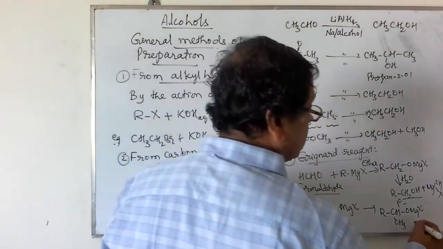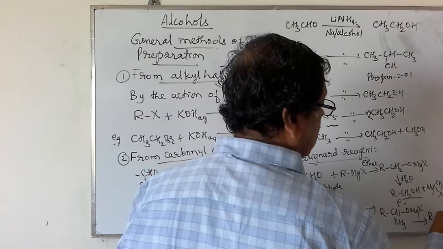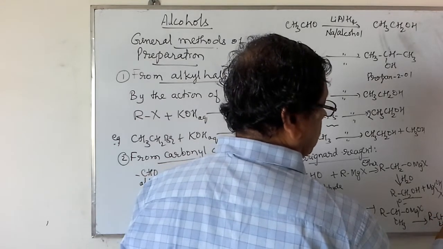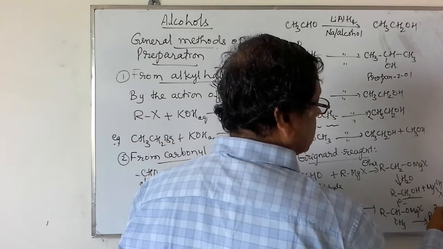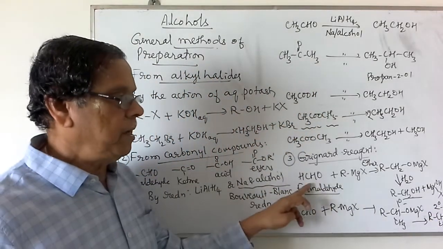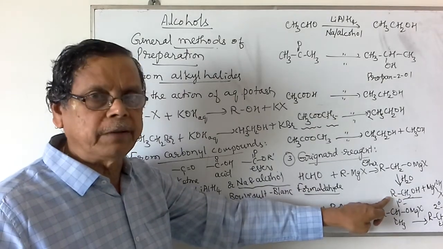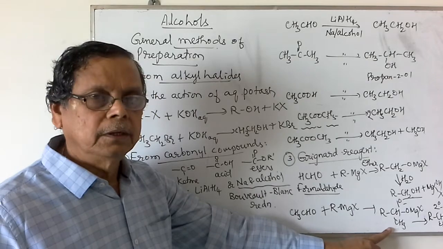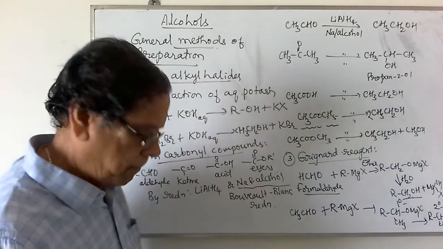This on hydrolysis will give rise to RCH(CH3)OH. This is exclusively a secondary alcohol. Formaldehyde will exclusively give rise to primary alcohol, while any other aldehyde will give rise to secondary alcohol.